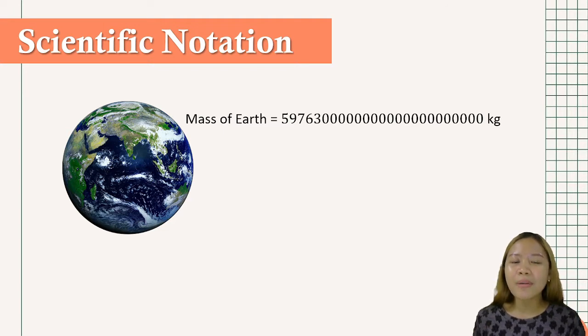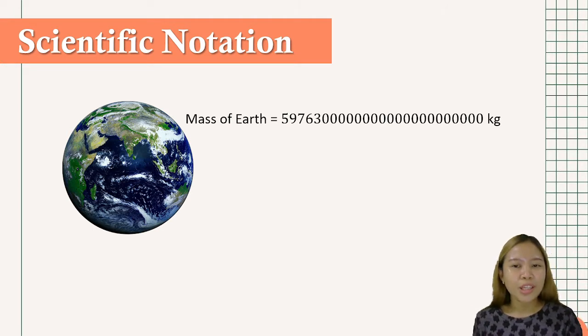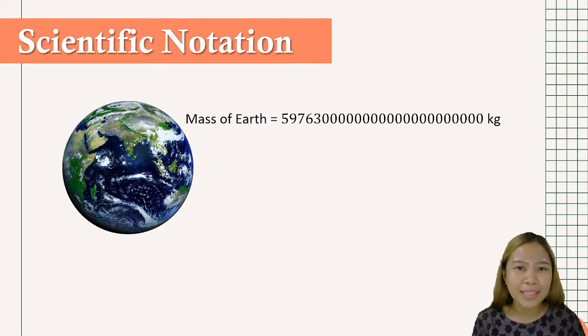Since the mass of the Earth has many digits, what scientists and mathematicians do is use scientific notation to shorten the writing of these kinds of quantities, big and small.